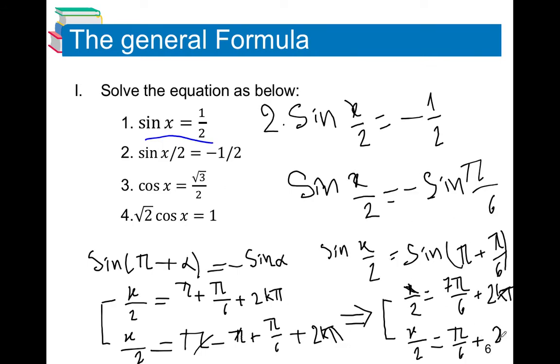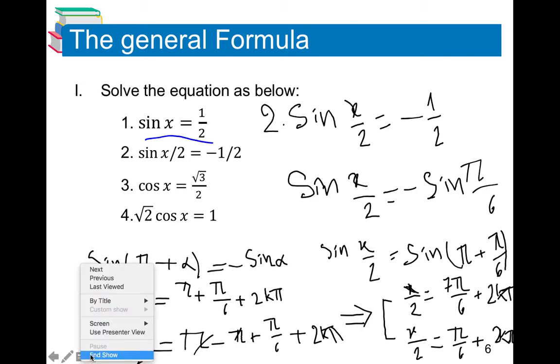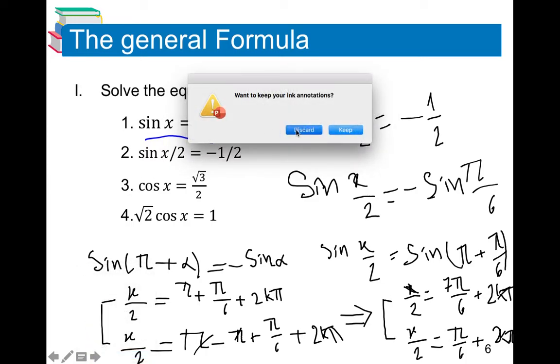Okay, now it's not yet the final answer. We need to move 2 from here to here, because we need only h, not h over 2, right? So one more thing I can write, I will move to another slide because I need space for writing. Wait, please.